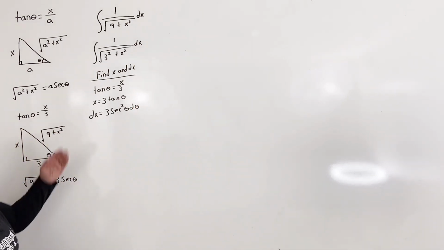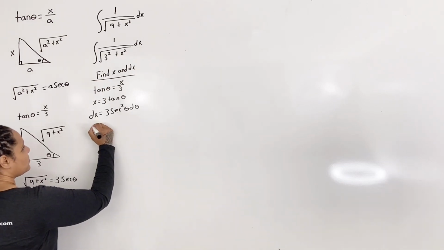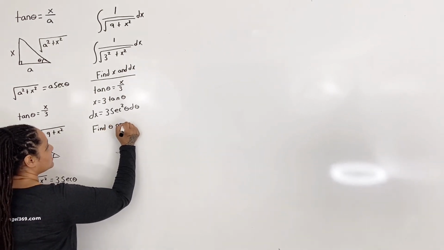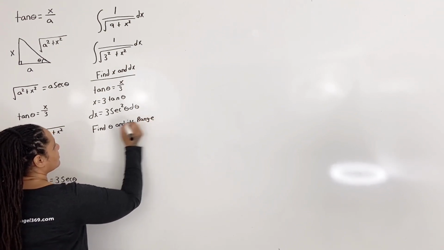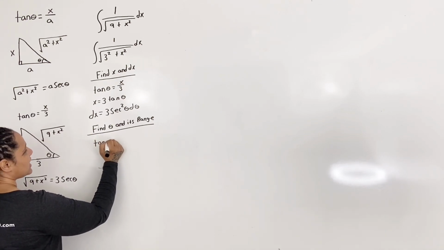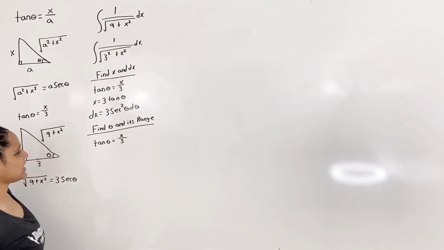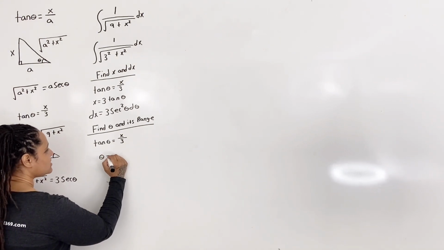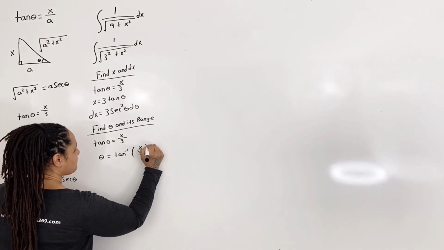And now I want to find theta and its range. So again, starting with my equation, tan of theta is equal to x over 3, and taking the inverse tan of both sides, we get that theta is equal to tan inverse of x over 3.